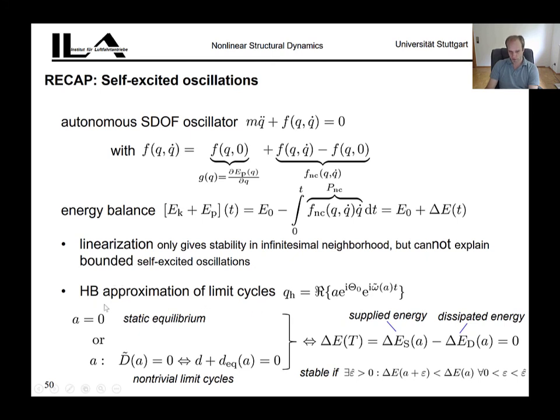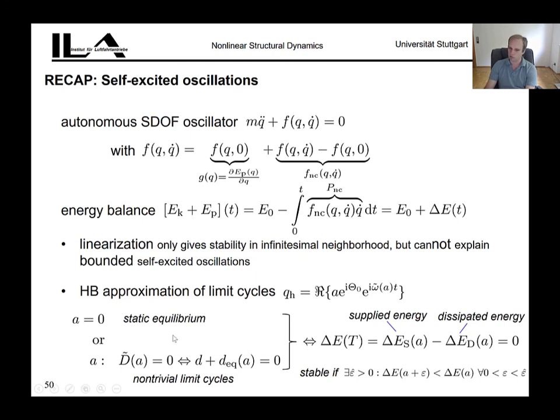Yeah, and then we can approximate the limit cycles with harmonic balance, also with complexification averaging, but this wasn't so much of concern here. So we can always have the trivial solution, the static equilibrium point, but we're interested, of course, in the non-trivial limit cycle.